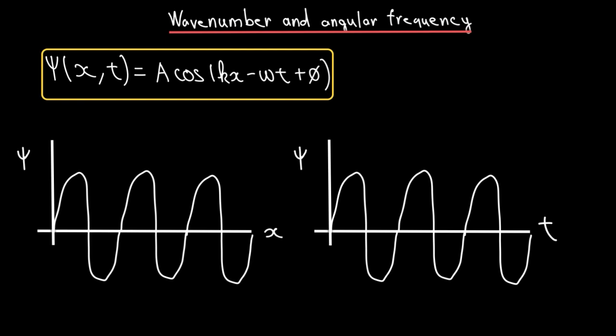When we are analyzing waves from a spatial standpoint, we define the wavelength as being the distance between two maxima. And in general, we consider the wavelength as being the distance between two similar occurrences. So when the function has the same value and has the same slope at that point.